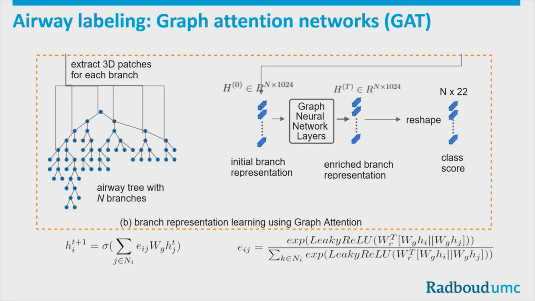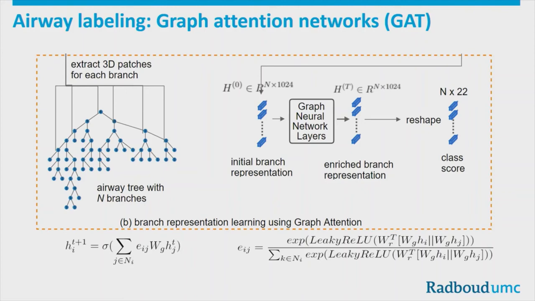So first we use a linear projected weight and we concatenate together the two connected nodes.